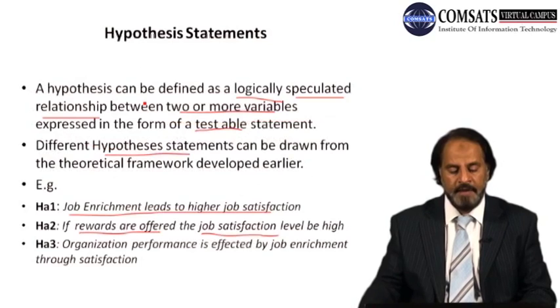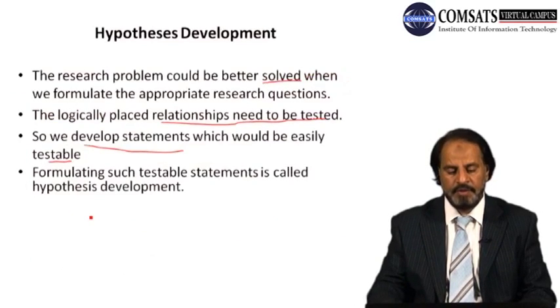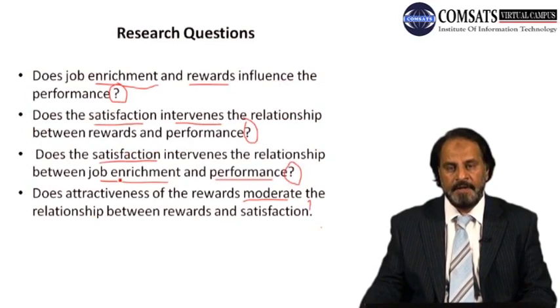But the hypothesis statements, if you look at, these are statements. We're saying job enrichment leads to higher job satisfaction. We're saying if rewards are offered, job satisfaction will be high as well. We're claiming something, but these are speculated. You still have to prove them, but these are statements nevertheless, as compared to the previous ones, which are questions. Is there a relationship between reward and job satisfaction?